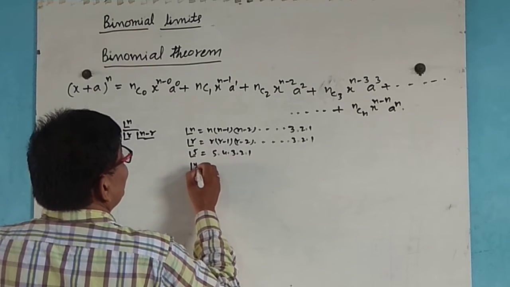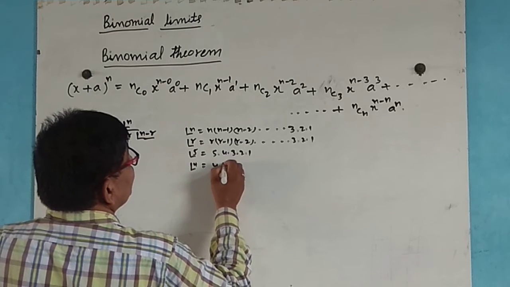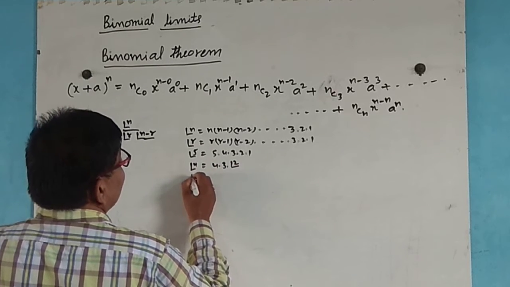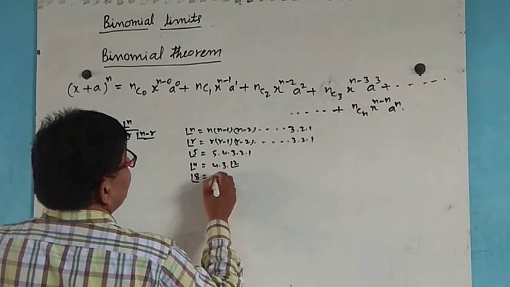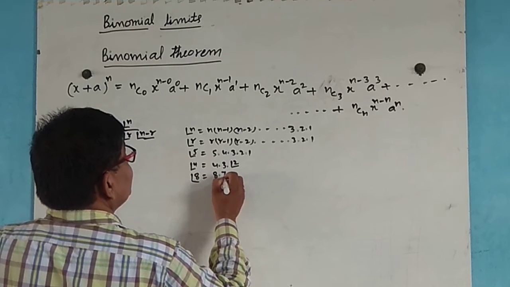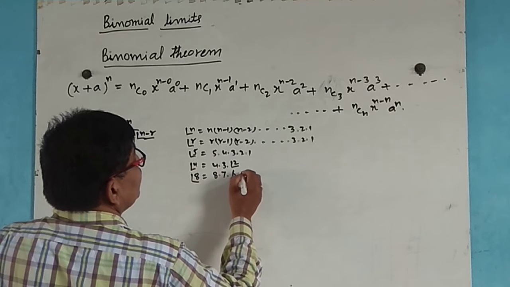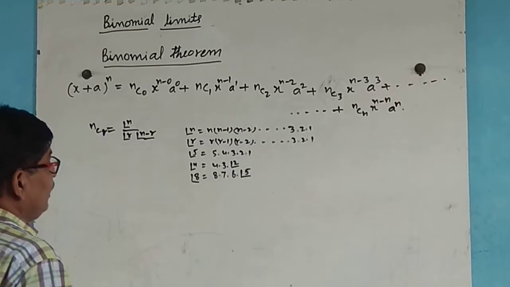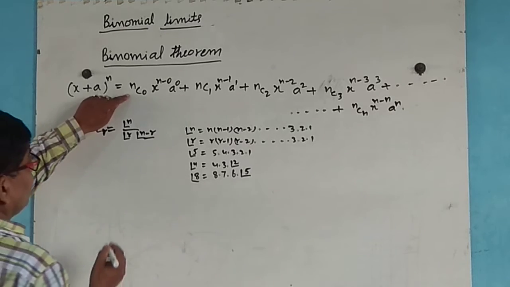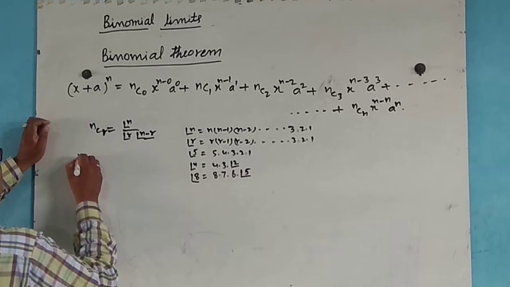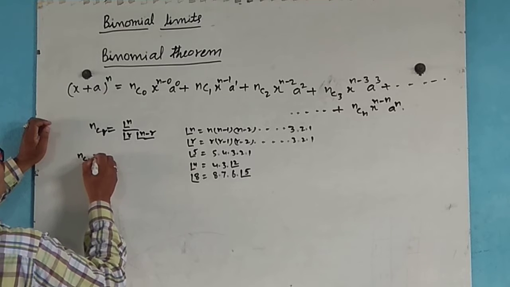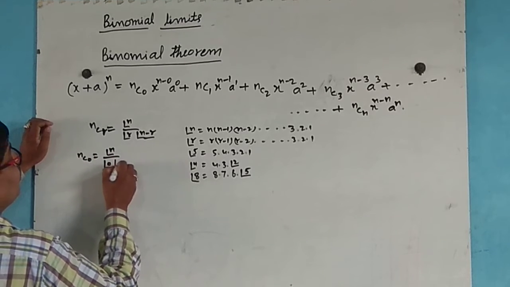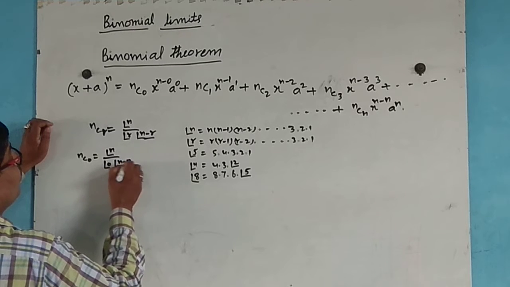Factorial 4 means 4 into 3 into factorial 2. Factorial 8 means 8 into 7 into 6 into factorial 5 and so on. Now here nC0 equal to factorial n divided by factorial 0 factorial n minus 0.